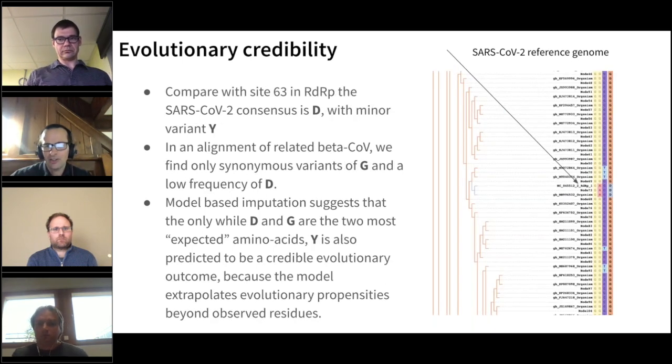But for most sites, actually the opposite happens. We don't find anything evolutionarily unexpected. For example, at site 63 in the RdRp, the SARS-CoV-2 consensus is D with a minor variant of Y. In an alignment of related beta coronaviruses, we find synonymous variants of G and a low frequency of D. Model-based imputation now suggests that while D and G are the 2 most expected amino acids, Y is also predicted to be a credible evolutionary outcome, because the model extrapolates evolutionary propensities beyond observed residues.